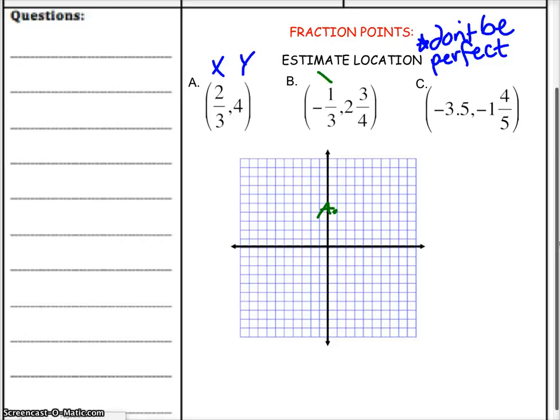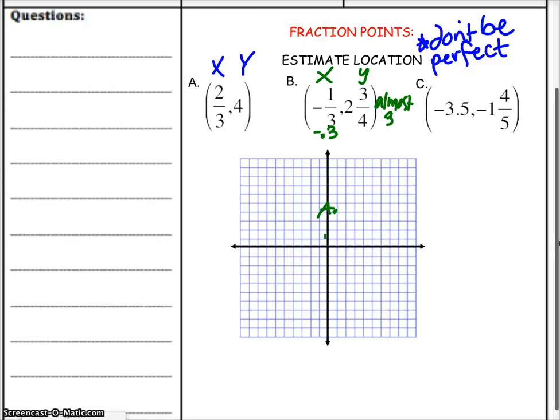Okay, the next one, point B, x and y. So x is -1/3. That's like a -0.3. Well, -0.3 is a little bigger than 0. So I go a little bit to the left for my x, and then it looks like I'm almost 3 for my y. So I'm going to do that. So a little bit to the left for my x, and then almost to the 3 for my y.